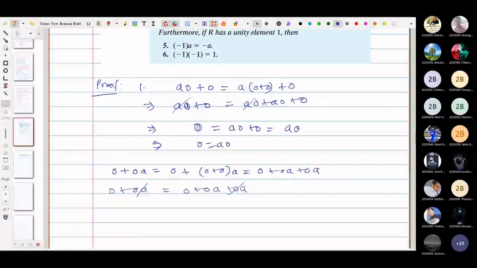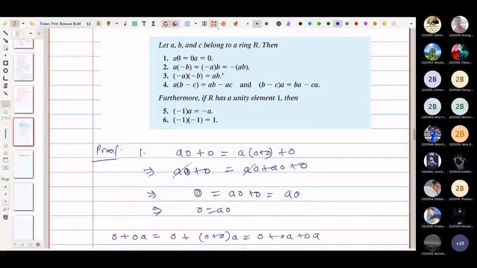So we use the right cancellation law, since this is a group under addition. On the left hand side we have 0a, on the right hand side we have 0a plus 0a, and cancelling gives 0 equals 0a. So we proved the first property.